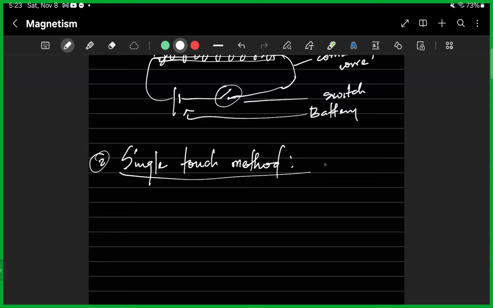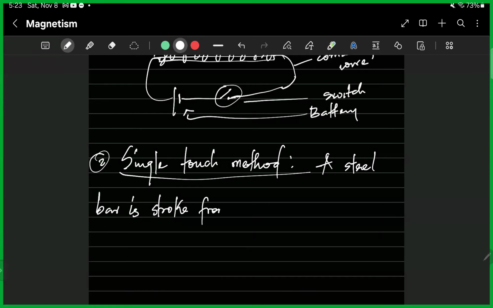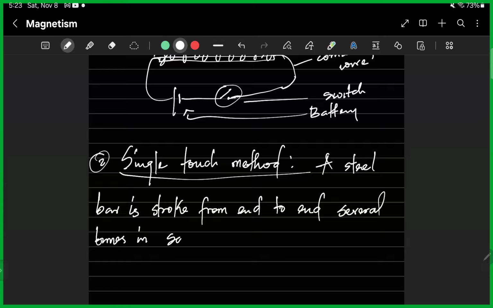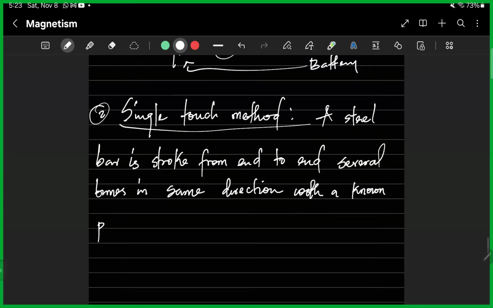So you have a steel bar stroked from end to end several times in the same direction with a known pole of a magnet.